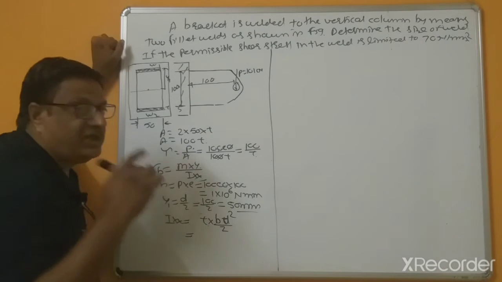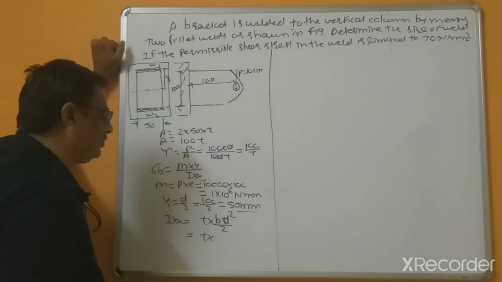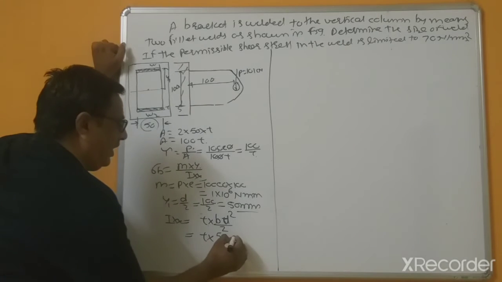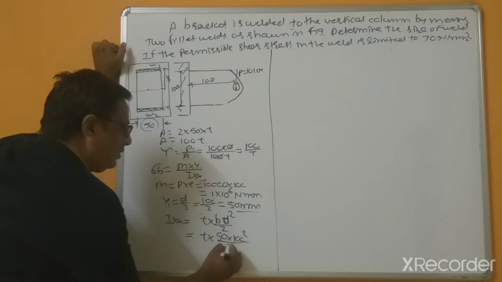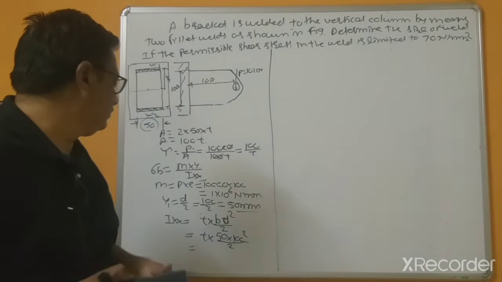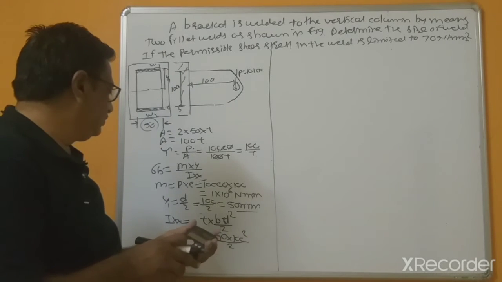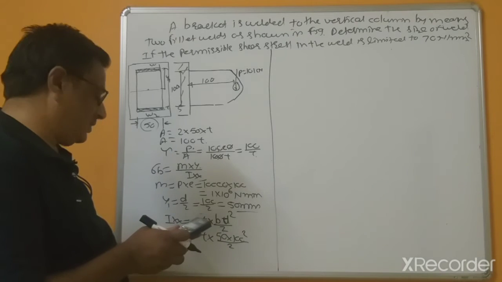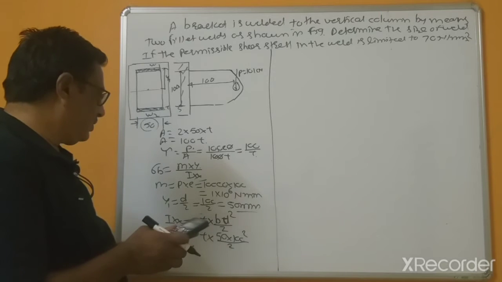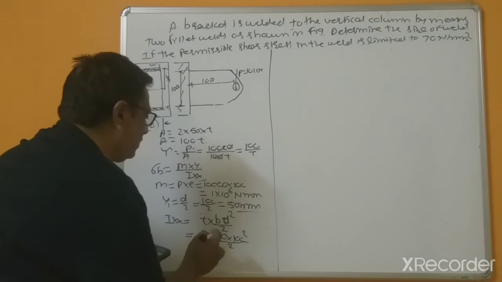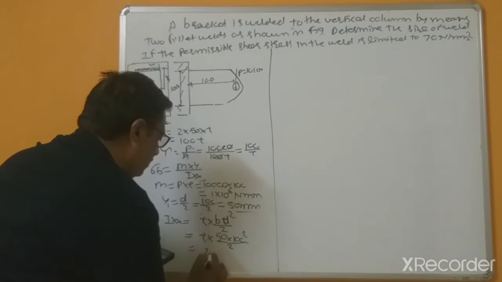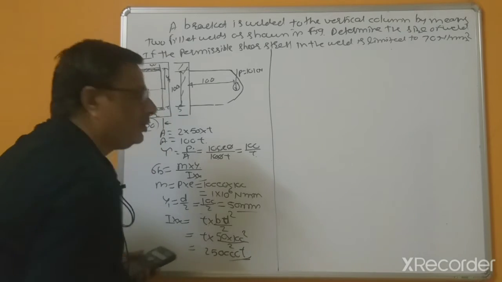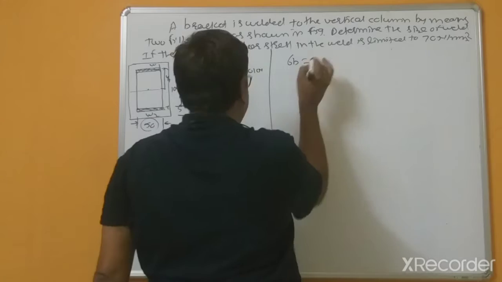Here T is the thickness of the weld, B equals 50, and D equals 100, squared, divided by 2. 100 squared multiplied by 50 divided by 2 is equal to 25000 T.